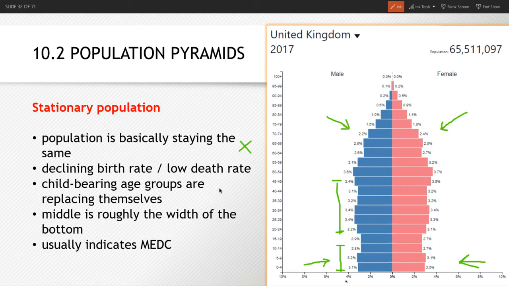We mentioned childbearing age groups are replacing themselves, as indicated by the percentage numbers here at the bottom and the middle of the graph. And as we said, the middle of the graph is roughly the same width as the bottom. And this generally indicates an MEDC of one sort or another.